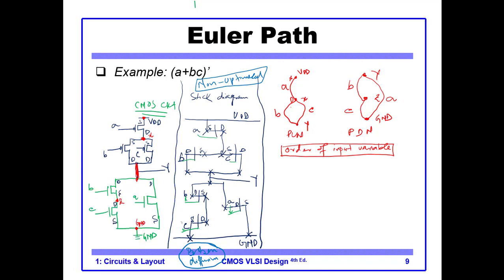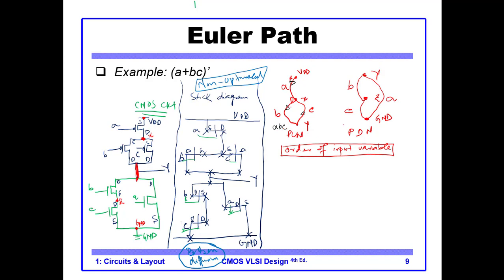Okay, so I can start from any node, so I can go from this to this, then from this to this, so I can go from VDD to X, then from X to Y, and then I can go to this. So this gave me an ordering of A, B, C.